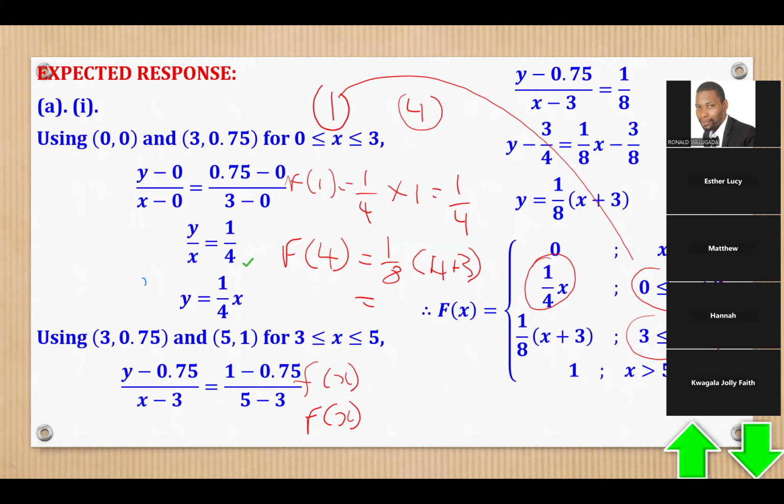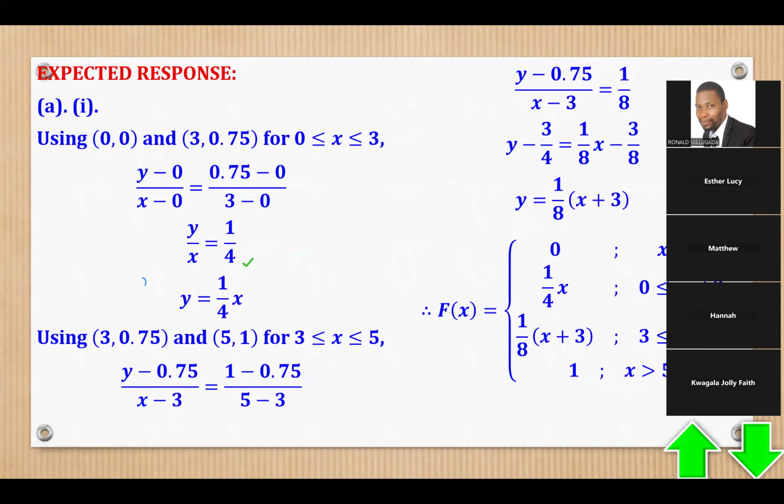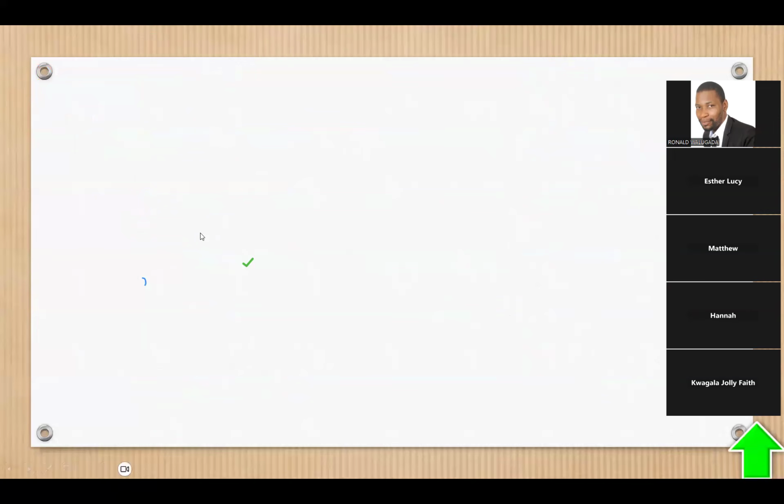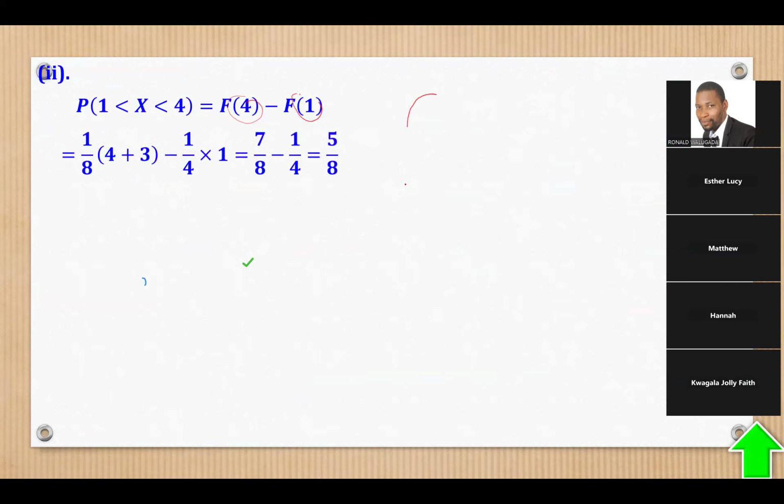We're also going to get probability using small fx, don't worry. But for now, let's first get it using capital Fx, where you simply substitute. If it was small fx, we could integrate from 1 to 4. But here, we simply substitute. And that would be the answer.